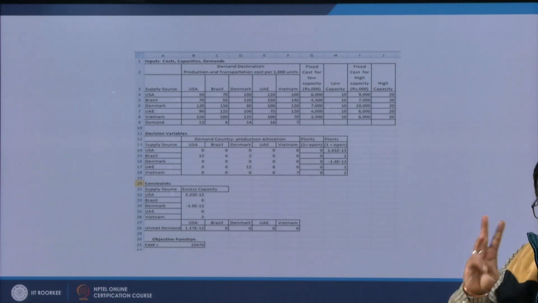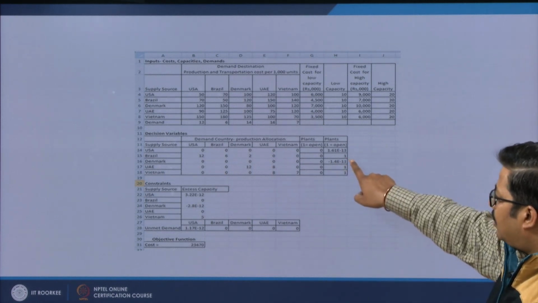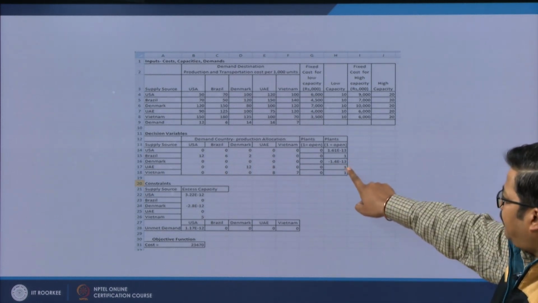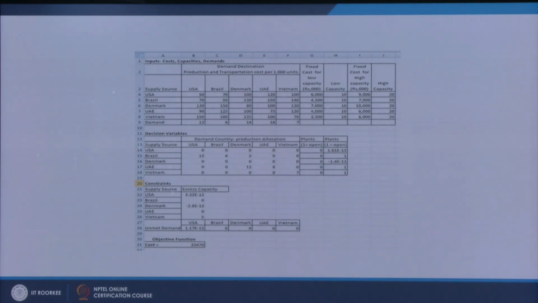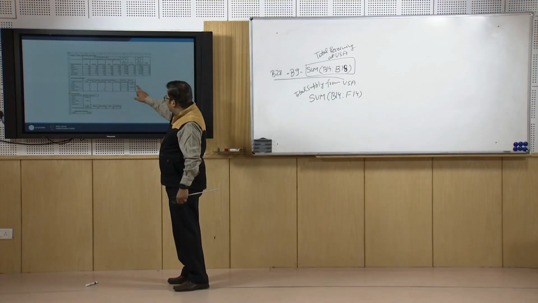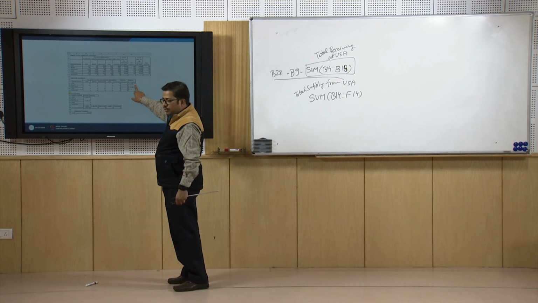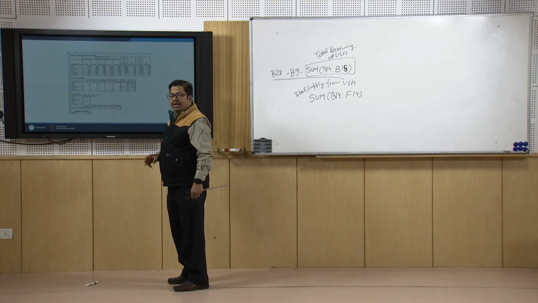You have three ones in high capacity plant: one for Brazil, one for UAE and another for Vietnam. So you are going to have three high capacity plants in these three locations. You have some values in these two cells, one for USA and another for Denmark. These are 10 to the power minus 13, because of internal calculation errors in Excel.